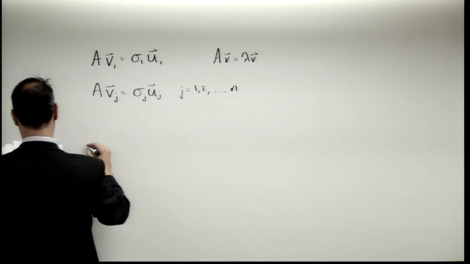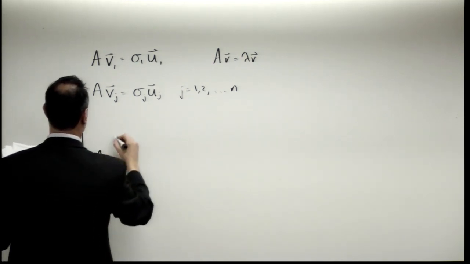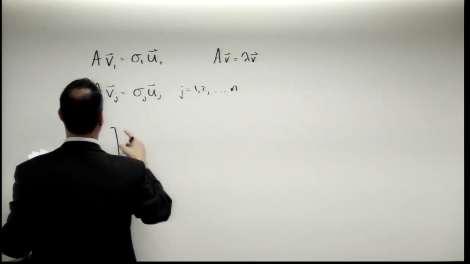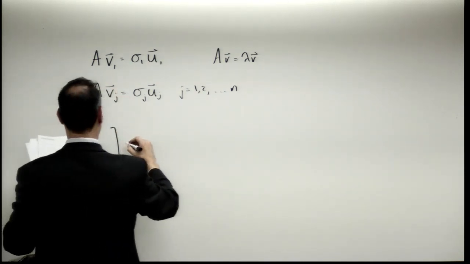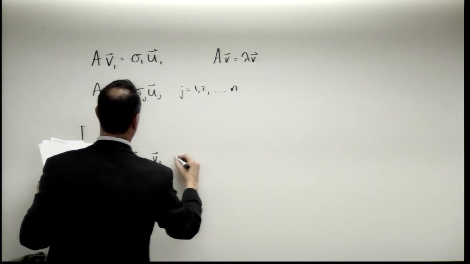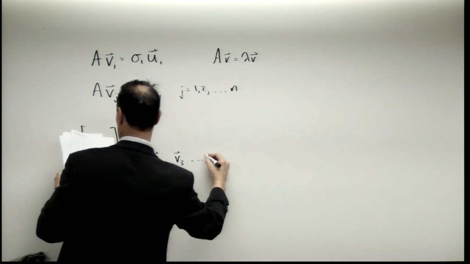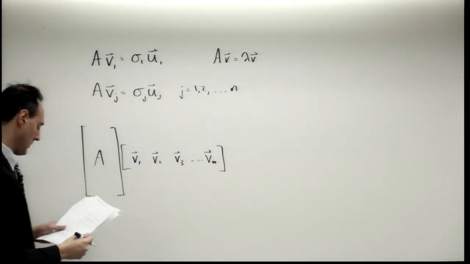So let me write it in a form that makes sense. I consider the matrix A, and it's multiplying V1 and then V2, V3, all the way to V of n.